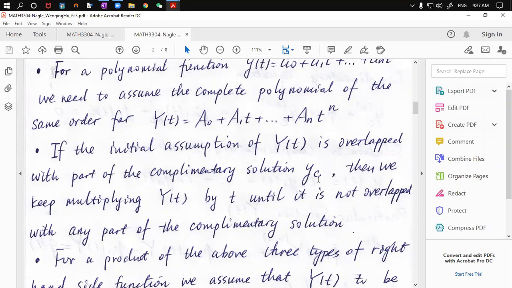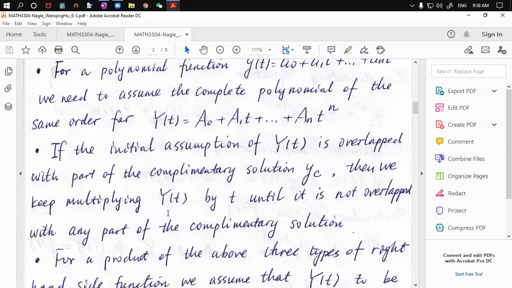You keep multiplying it by t until it does not overlap with any part of the complementary solution. We'll see examples just to remind you, if you forgot about this scenario, but here is a summary.